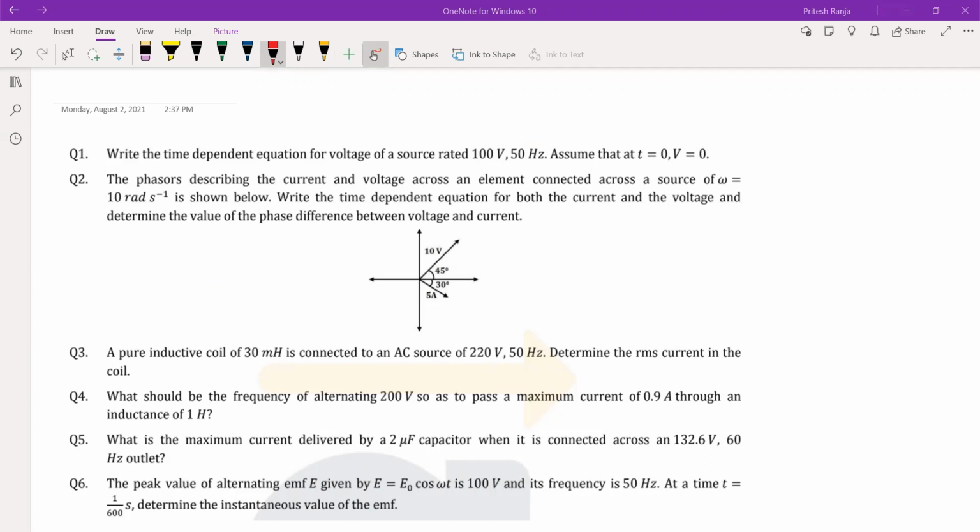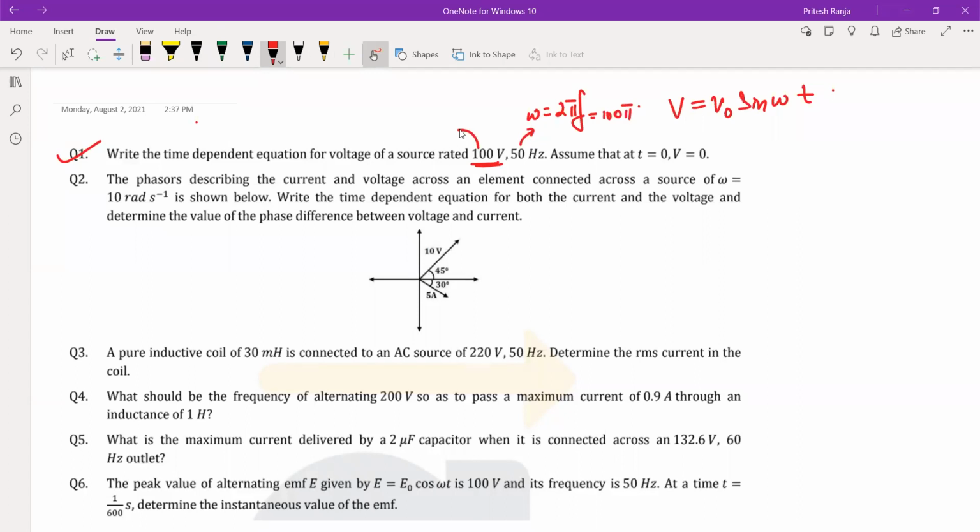In the first one, the time dependent equation for voltage of a source rated 100 volt. That means you have to find the expression of voltage. Voltage will be V naught sin omega t. You have frequency, so omega is 2 pi into f, that will be 100 pi.